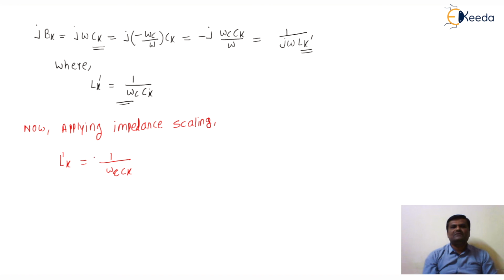Already we know that for Lk dash we multiply by R0. Then for Ck dash it is 1 upon omega c times Lk, and for Ck it is divided by R0. Therefore Ck dash becomes 1 upon R0 omega c Lk. These are the components we get by using impedance as well as frequency scaling.